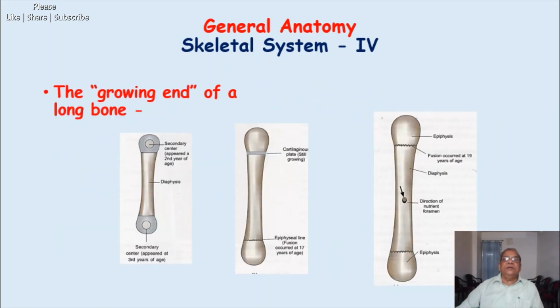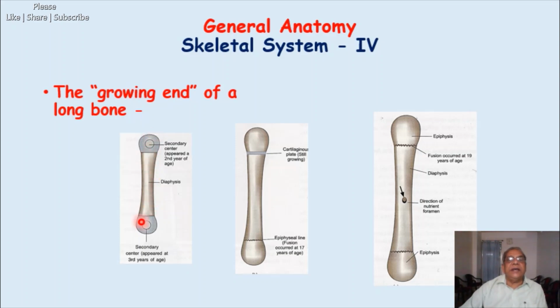Now see here, these are three diagrams in which I will show you the growing end of a long bone. This is a bone formed by the primary center which appeared in intrauterine life, and this is the diaphysis.